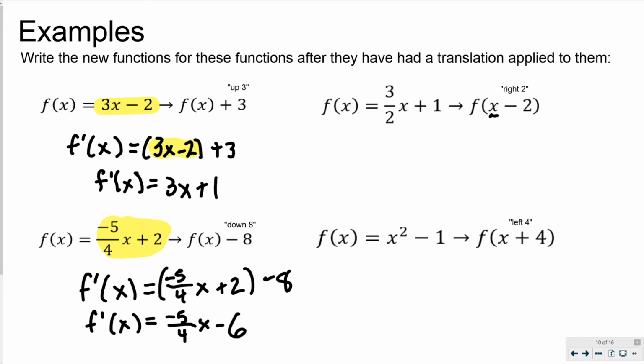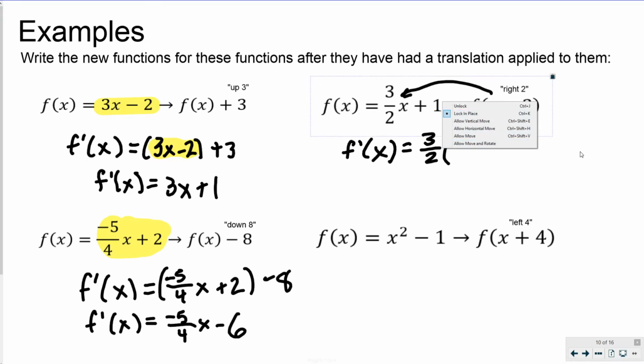What I'm going to do is take this entire bit, and I'm going to substitute it in for x here. So you get f prime of x equals 3 halves, and then you're going to be putting x minus 2 in instead of x, so it would be x minus 2, plus the 1 on the outside from the original function.